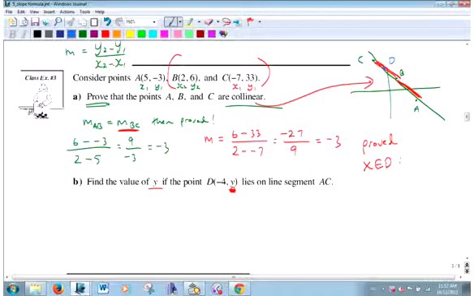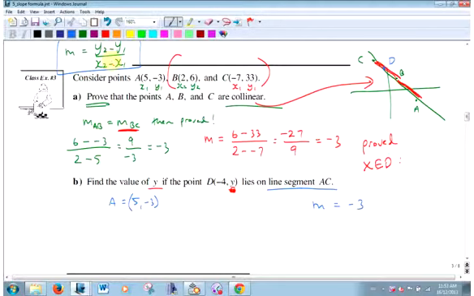Yeah, it's got to be the same, right? If it lies on segment AC, I know the slope is minus 3. Okay? I know another point on this line, like A. So to find out y, use your slope formula, plug everything in, solve it for y.